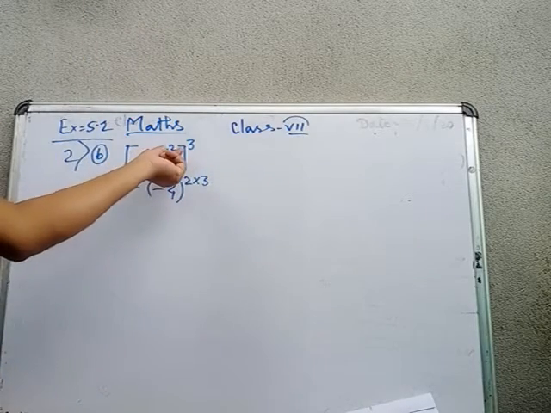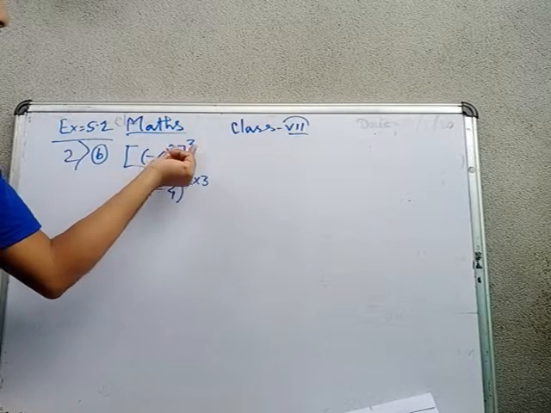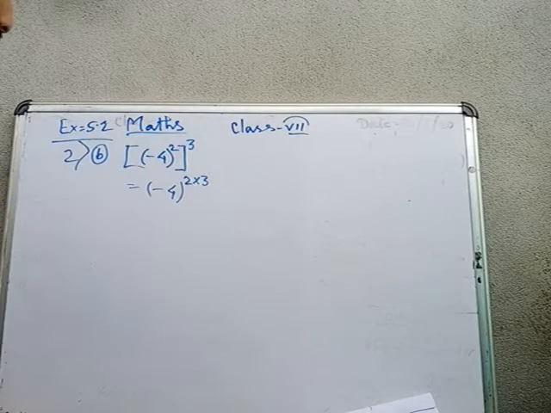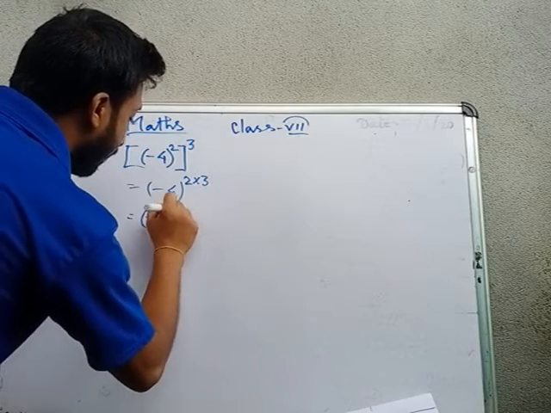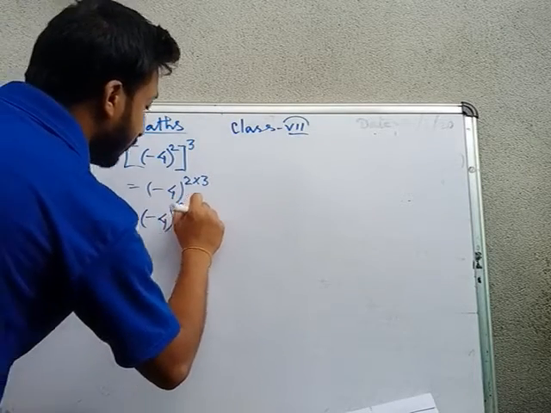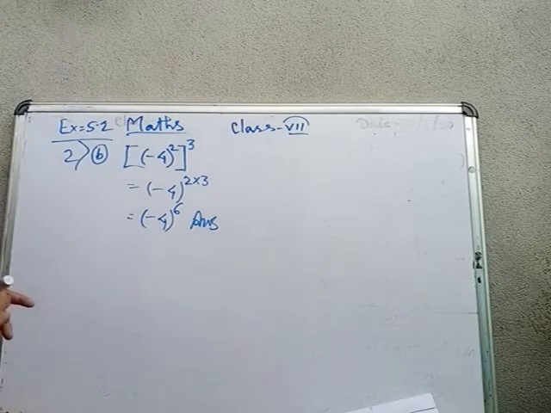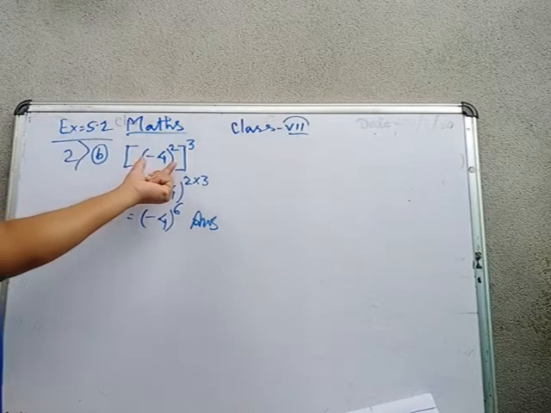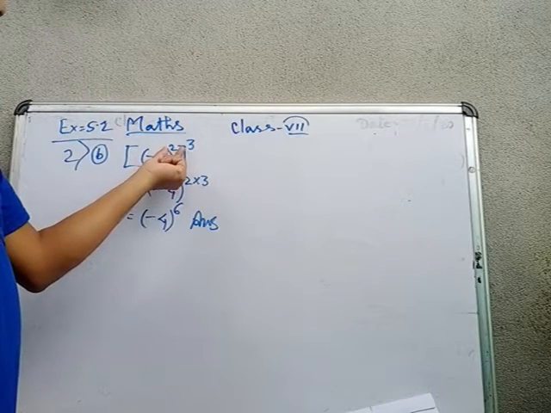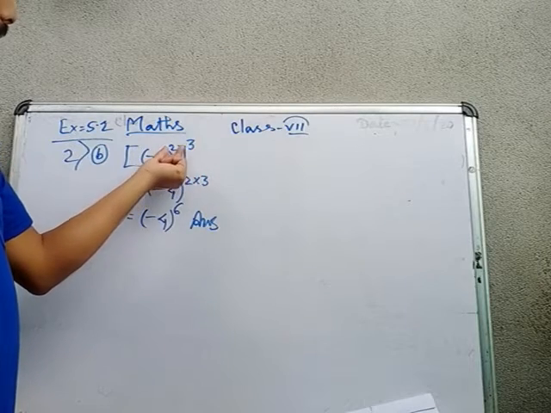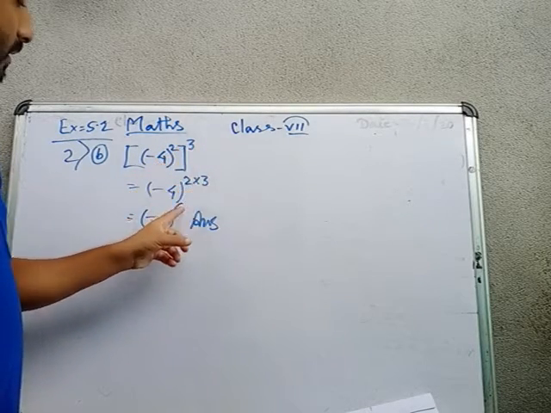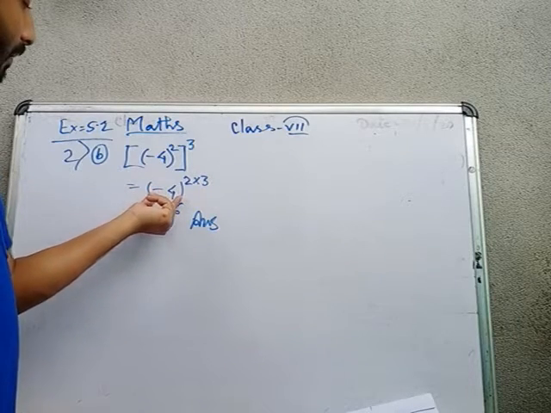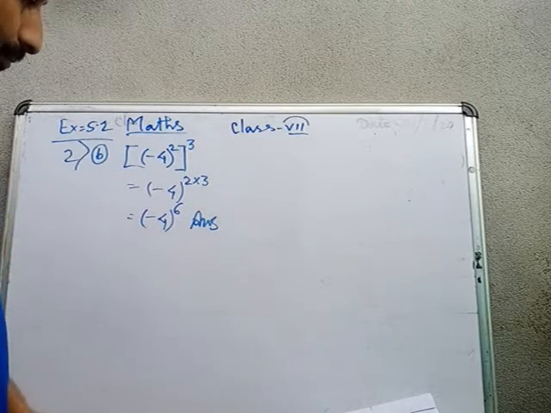If the power is up to the power, on that time it will be multiplied. So minus 4 to the power 6. It is the answer. Okay, I will tell you again. If the power is up to the power again, on that time we should multiply the power. 2 times 3 is 6, so it will be 6 and the base number will be the same.